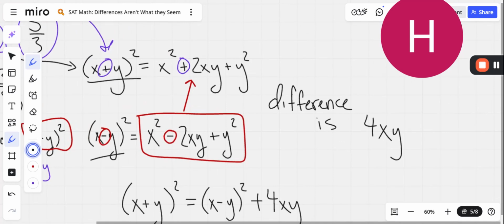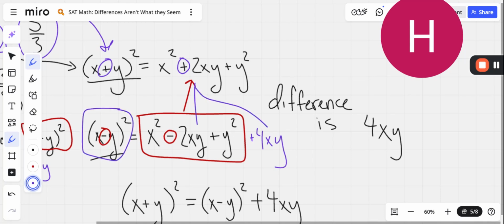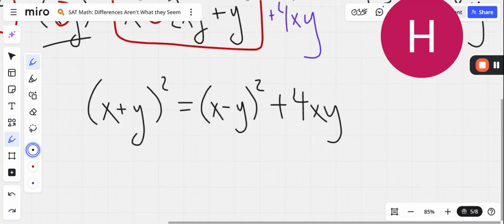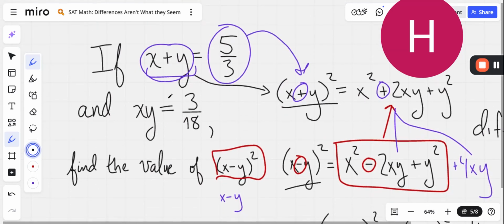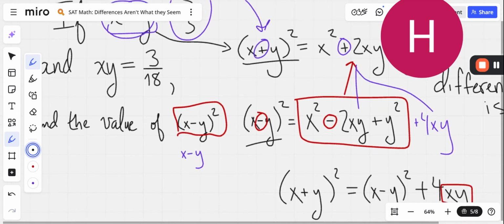And if you notice it, that's absolutely true, right? Like if I added 4xy to this, it would become positive 2xy, and then this would become x plus y squared. So given that information, now we found a way to use xy. It probably was no surprise at this point how to use xy, or that xy indicated needing the binomial expansion in some way. We've been using xy several times in the last few videos.